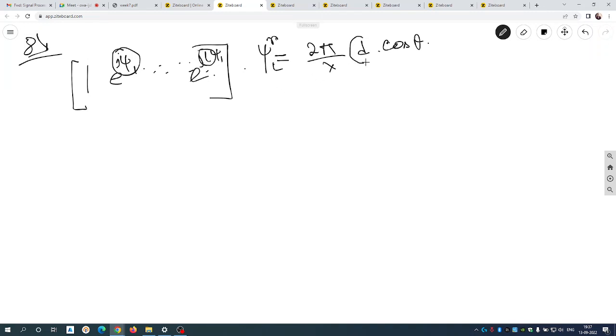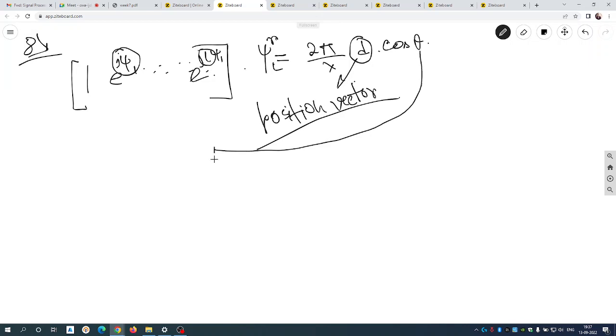So see, this is the d, and depending on this d, this says how the position vector works for the antenna elements. And this theta is what? The receiving degree. Like if the array is coming like that and the antenna is here, this is the angle theta r.